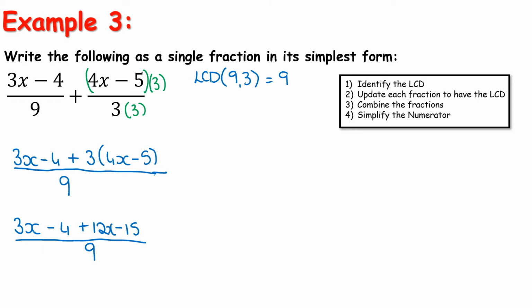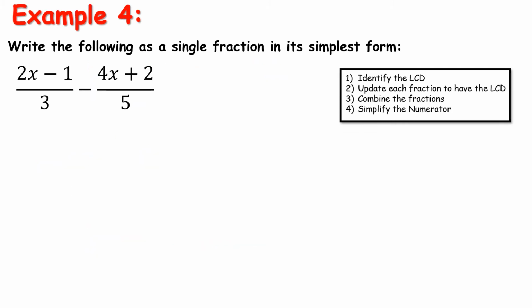Oh, I dropped my x. And when I tidy that up, I get 15x minus 19 all over 9. And that's my final answer. So now the only difference is we have two terms in each of the numerators rather than just that single term we dealt with yesterday.